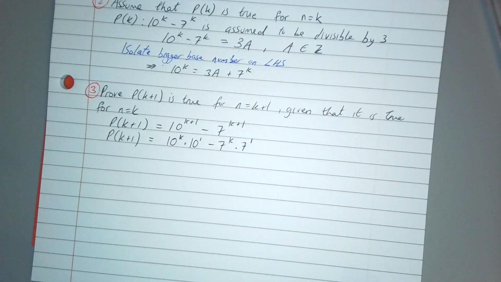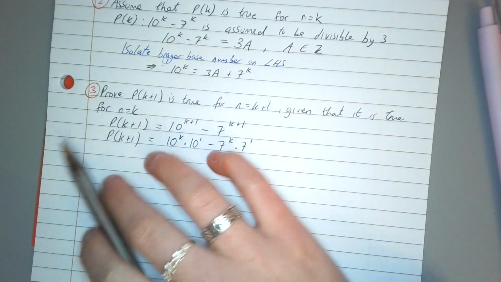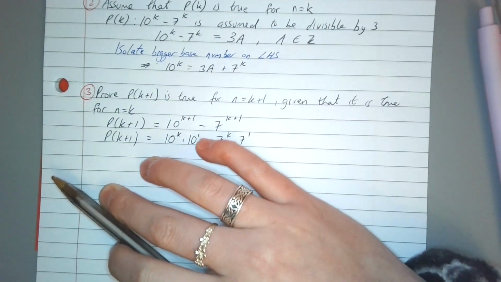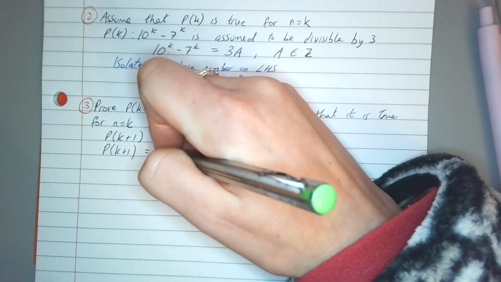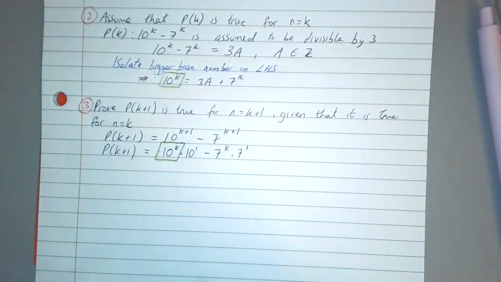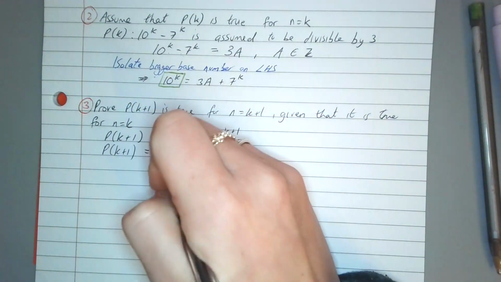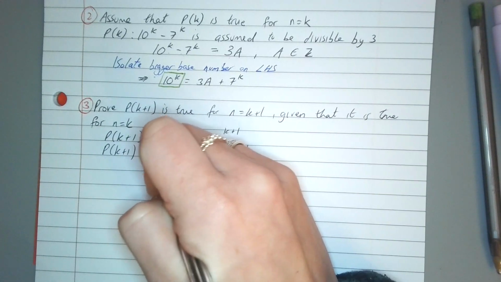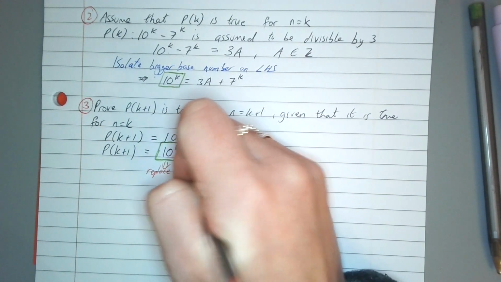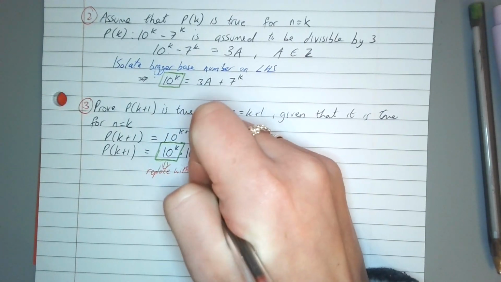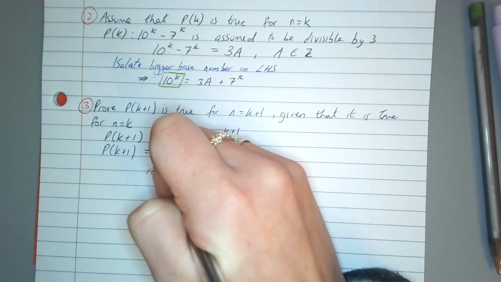So we've split up our powers into indices, and what we can do then is see from part 2 what we're going to replace. So what we're replacing is the 10 to the power of k piece here with the right hand side of step 2.